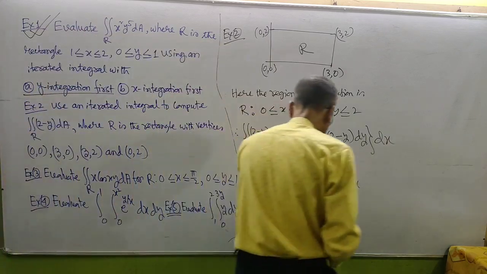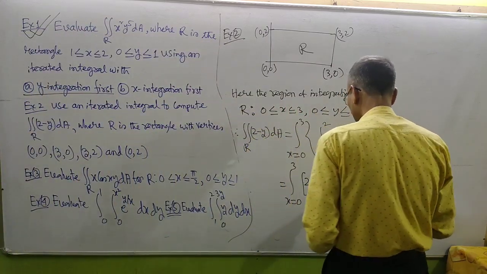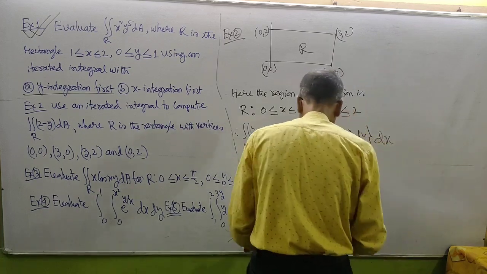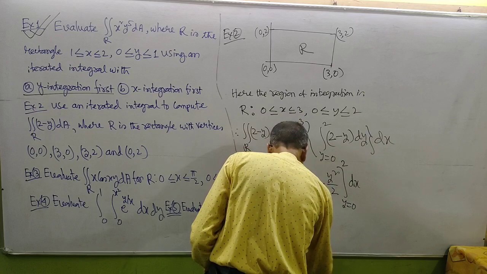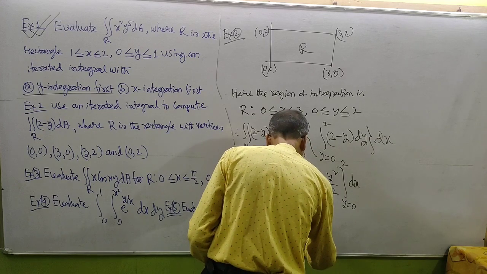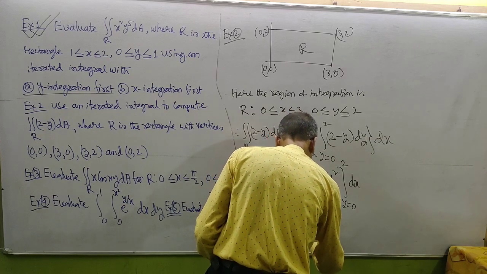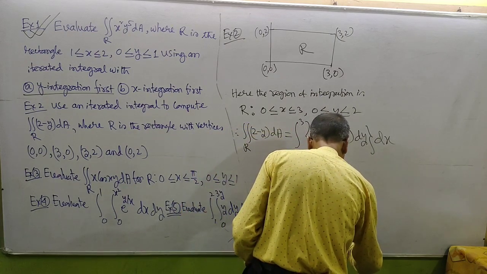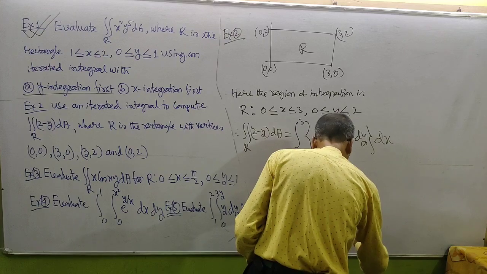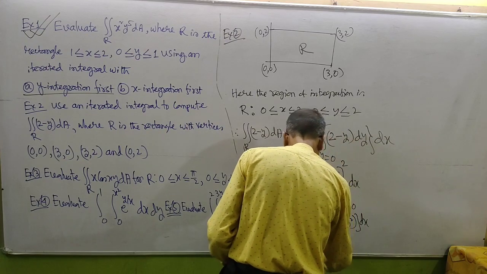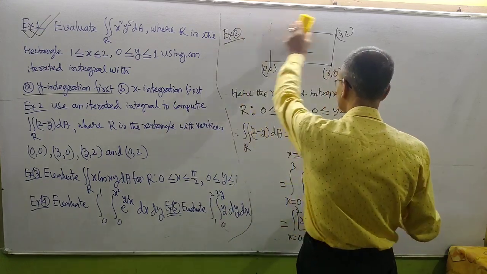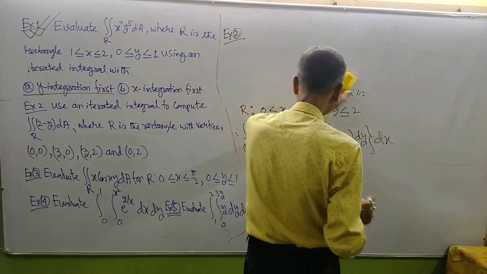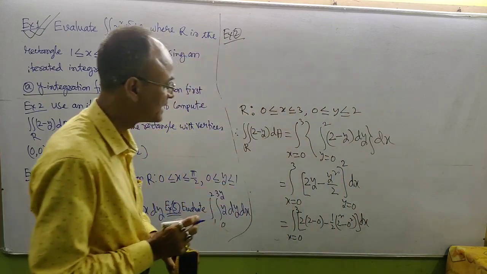This is equal to the integral x equal to 0 to 3 of 2 times 2 minus 0, minus 1 by 2 times 2 square minus 0 square, dx.